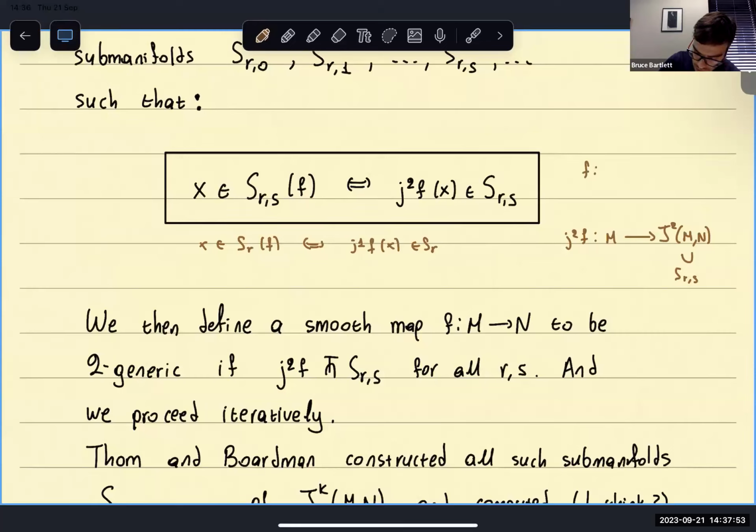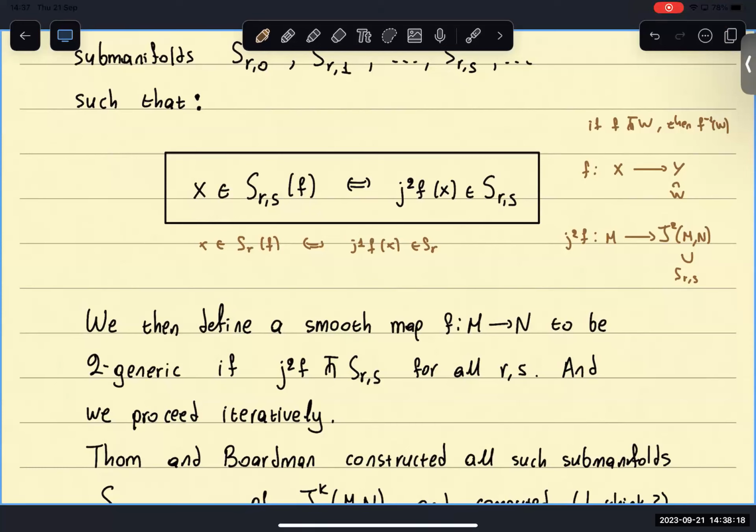The general situation is that if you have a smooth map f from X to Y, and W a submanifold of Y, if f intersects W transversely, then f inverse of W is a submanifold of X. Right. Yes. Okay. So that's what we are using here.